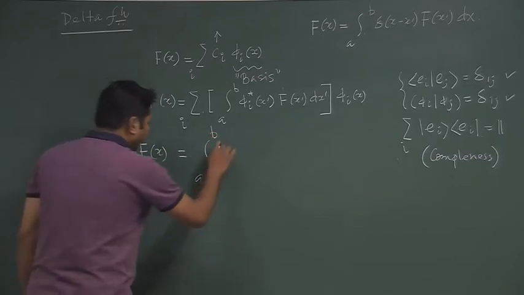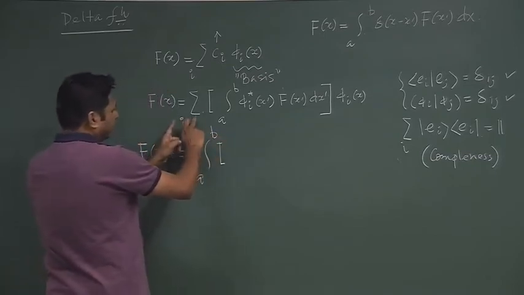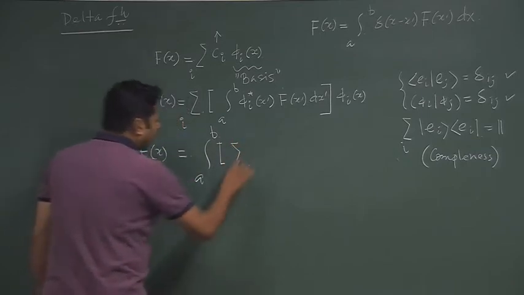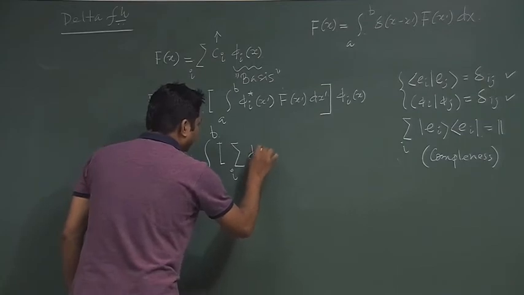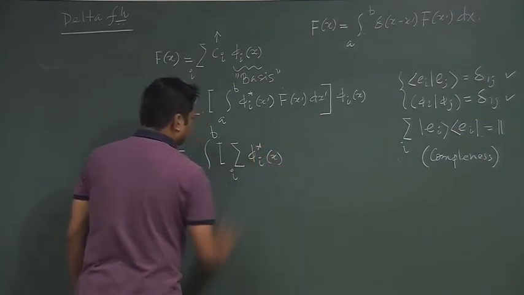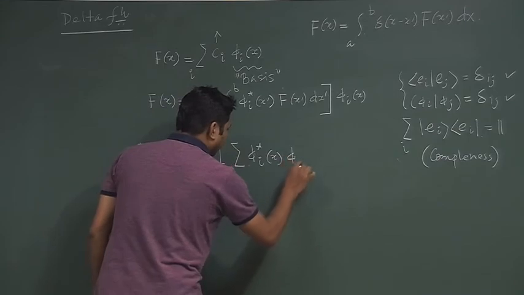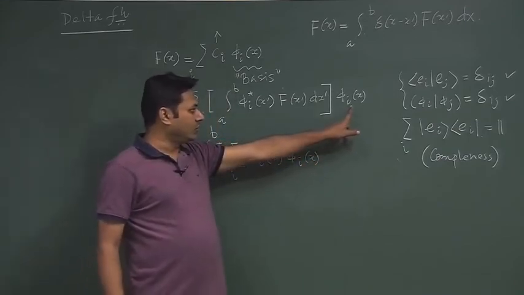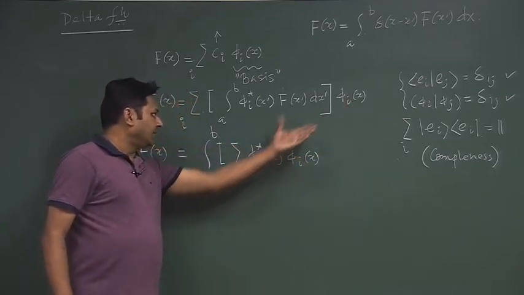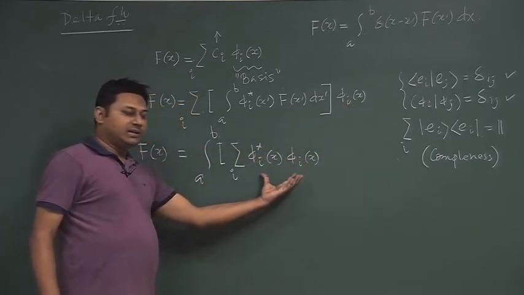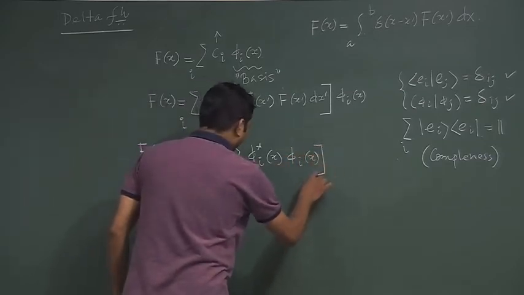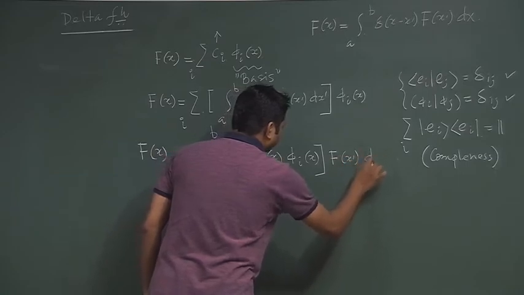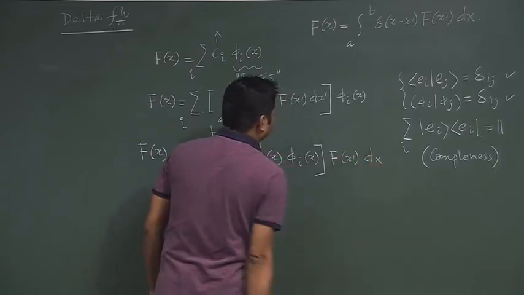In the bracket I put this summation sign inside, which is over I. I write the two quantities phi I star of x prime, then phi I of x, because this is over I. So I take all the I terms together and I get these things, bracket close, then f of x prime dx prime.